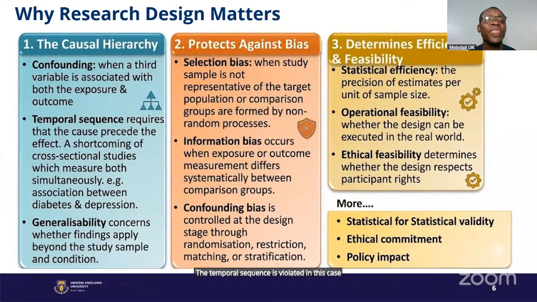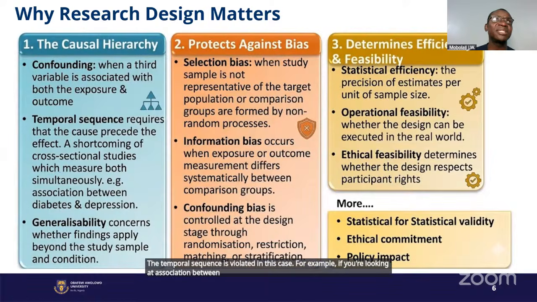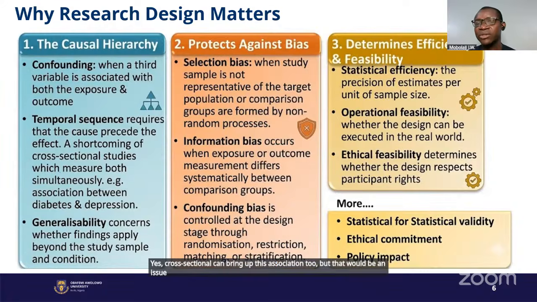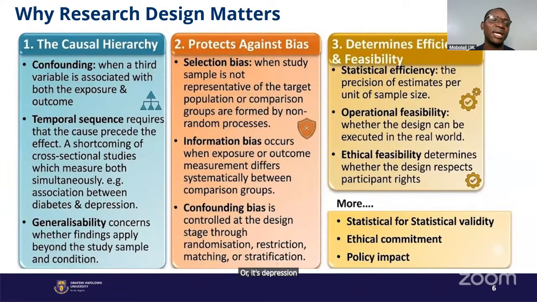For example, if you're looking at the association between diabetes and depression, a cross-sectional study can bring up this association too, but there will be an issue with temporality because the one is supposed to happen before the other. So we cannot say diabetes is the one causing depression or it's depression that is causing diabetes if both are measured at the same time.